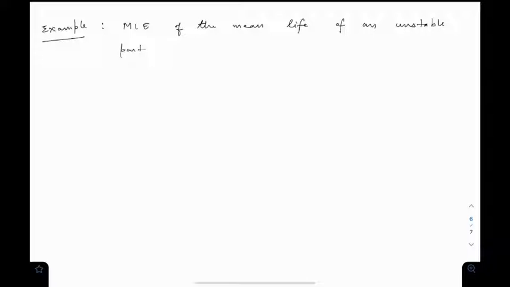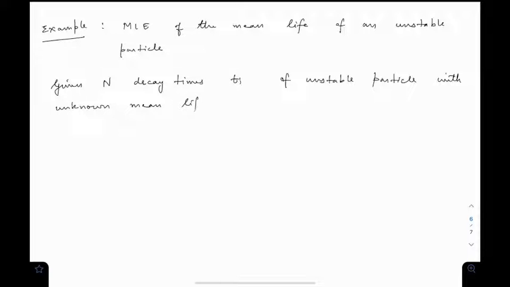So once again, given n decay times ti of an unstable particle with unknown mean life, for an exponential decay time distribution, f of t given gamma equals gamma e to the power minus gamma t, with gamma equals 1 by tau, the likelihood is basically given by a product over n such distributions.